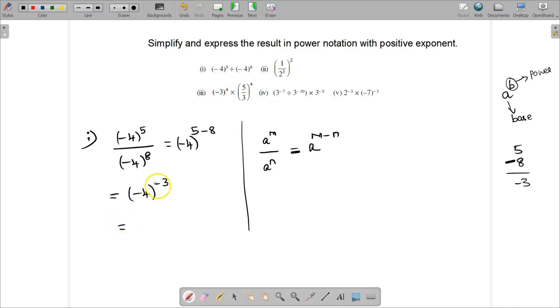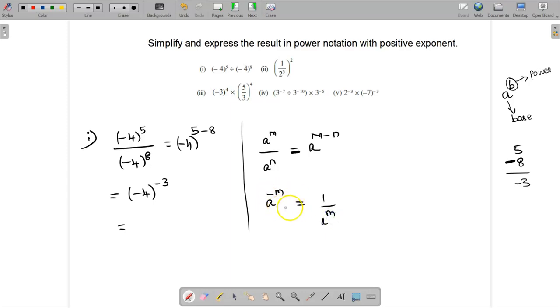Always we have to make the power positive. For that we have another rule: a power minus m. Whenever we have a power minus m, to make the power positive, we can take the overall term to the denominator, so 1 by a power plus m.